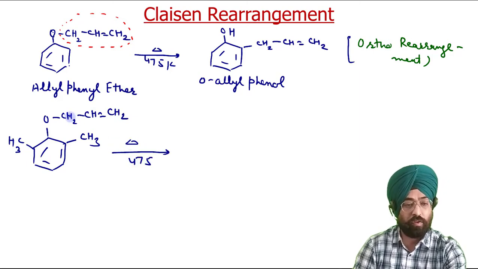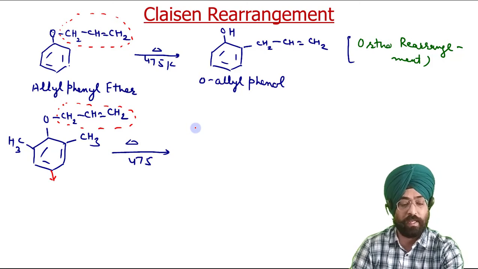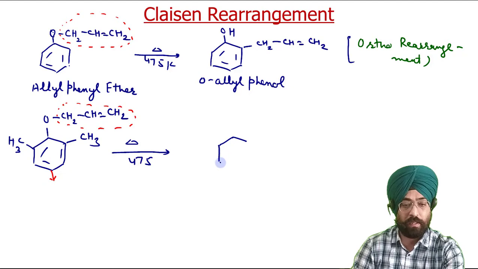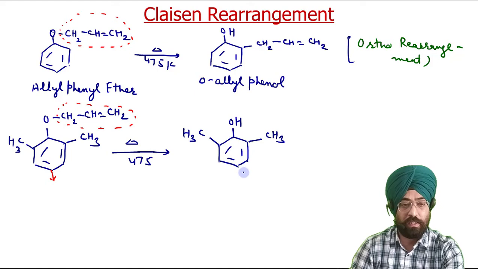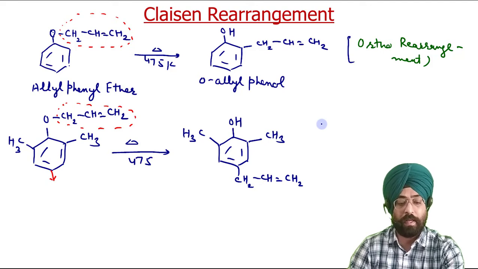Now this group migrates from here to this para position. So this will be the product, OH, and the rearrangement is the same, but now instead of ortho position, as these are preoccupied, this group has been shifted to para position. So this is called para rearrangement.